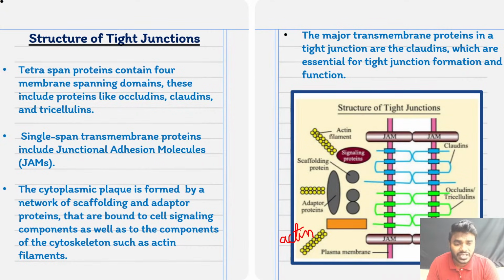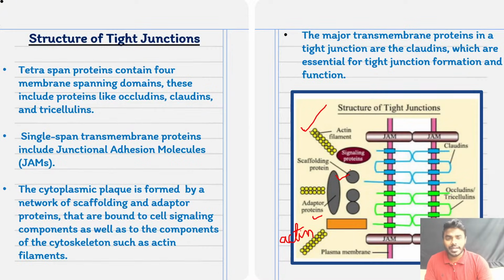If the tight junctions want to be associated with the actin filaments, they will require many kinds of adapter proteins as well as, friends, scaffolding proteins. The point is very simple. With the help of scaffolding and adapter proteins, or the connector molecules, the tight junctions can be associated with the actin filaments which are present in the tight junction.